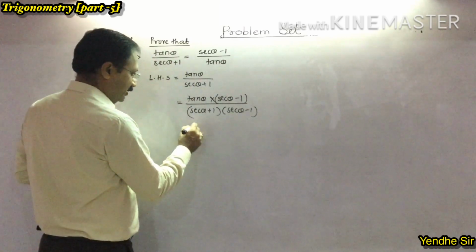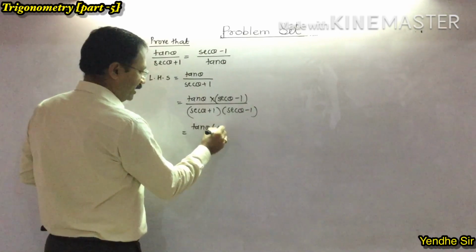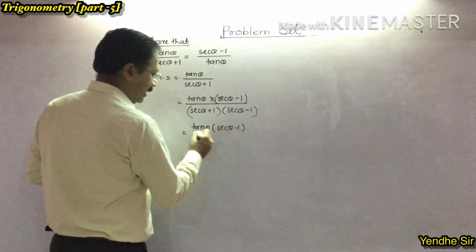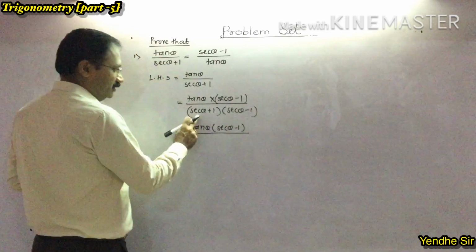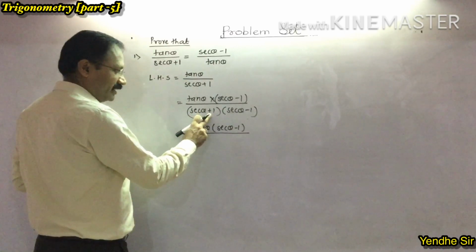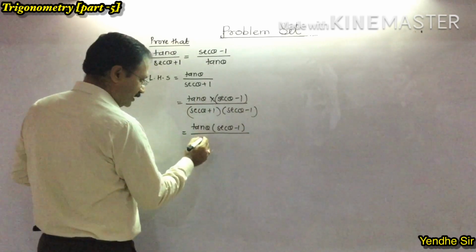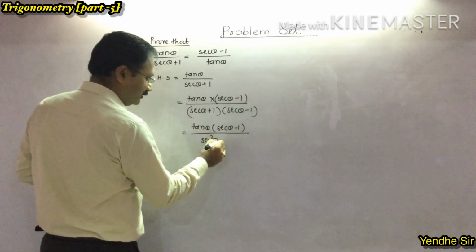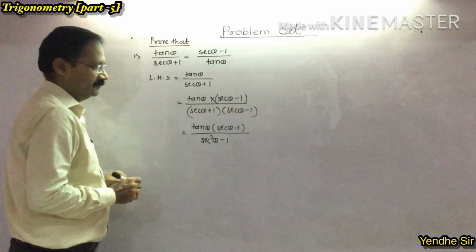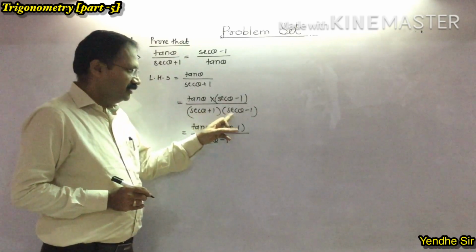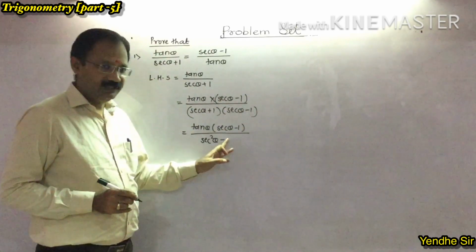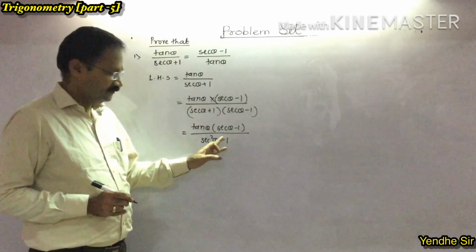What will happen? Tan theta in bracket sec theta minus 1 will be as it is. And we know that if in one bracket it is plus and in the other bracket it is minus, the same terms, so we can write it like this: sec square theta minus 1, because 1 square is always 1. So here I am not going to write 1 square.